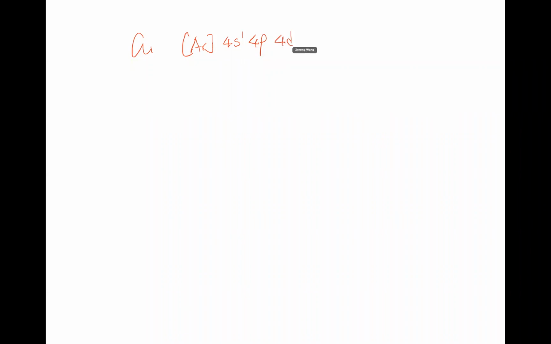Let me rewrite that from the beginning. The electron configuration is 1s2, 2s2, 2p6, 3s2, 3p6, then 3d10, 4s1, 4p, 4d.